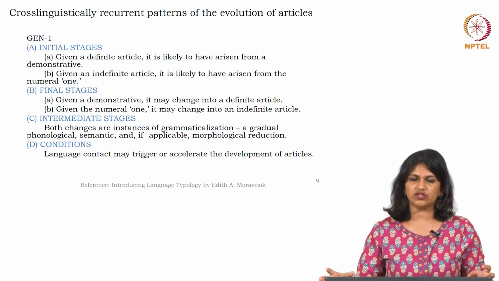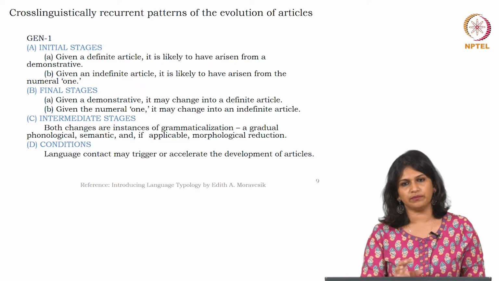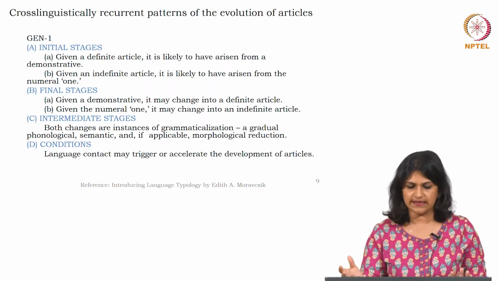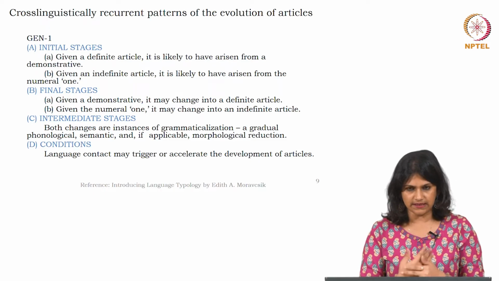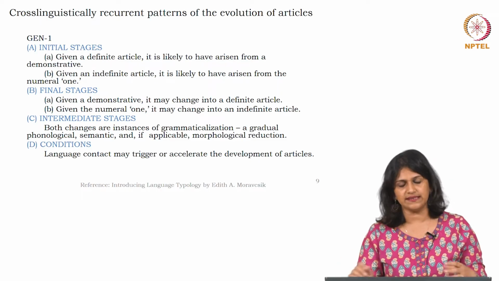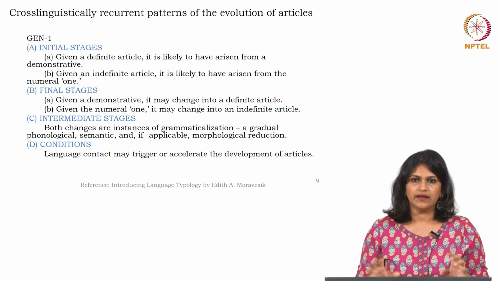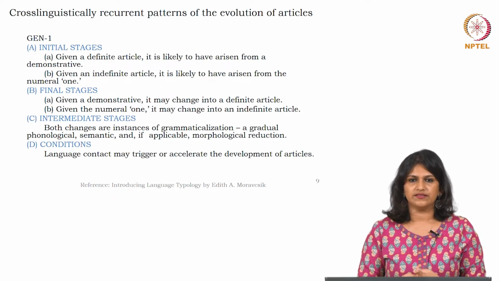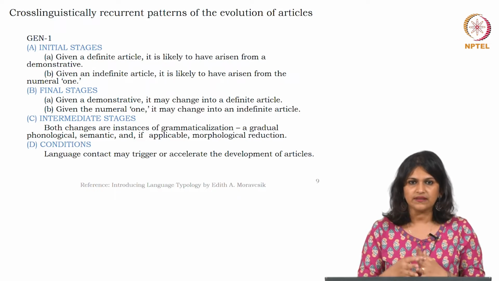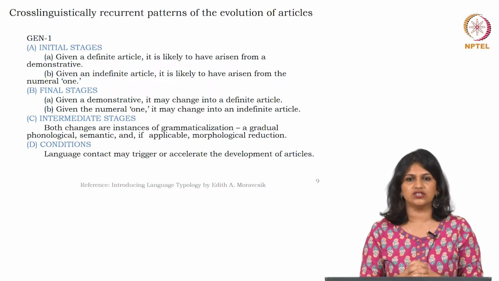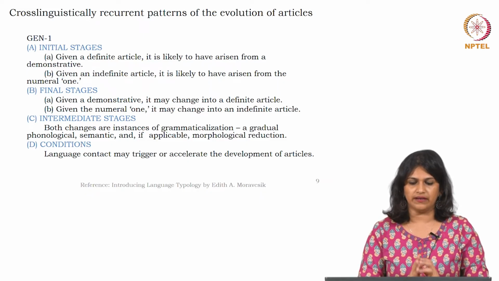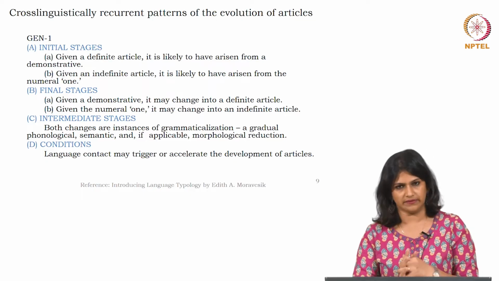Then between the initial A and the final x, there could be some other intermediate stages which could be considered as C, and these depend on what sort of changes it has gone through. And finally, to explain changes like this, we should be able to identify certain conditions, and the conditions here are primarily related to language change or language contact.